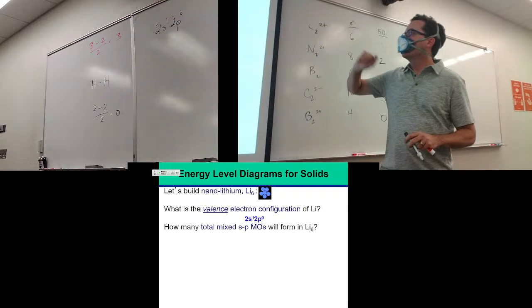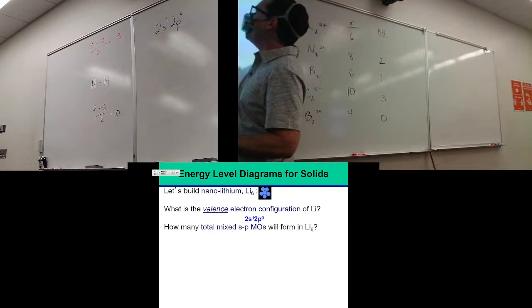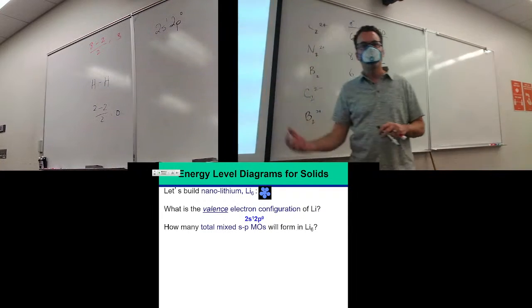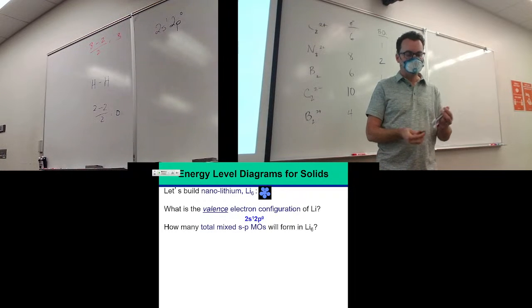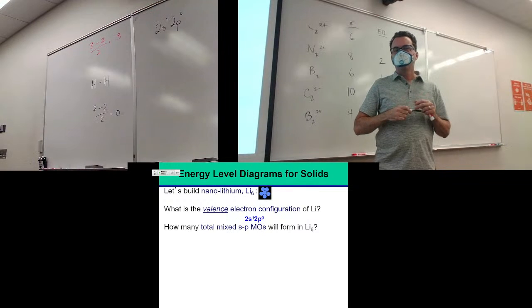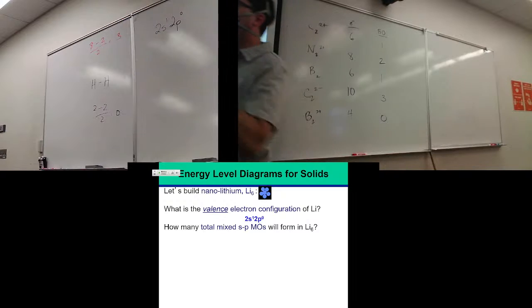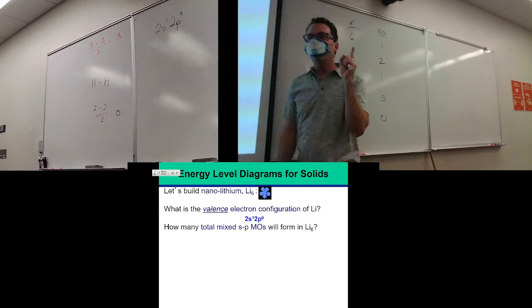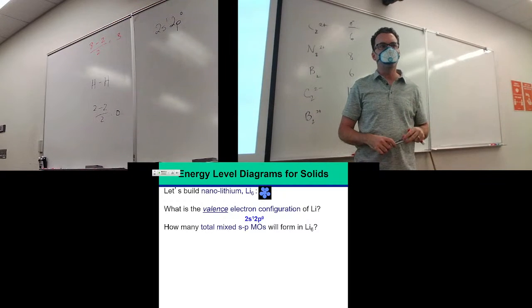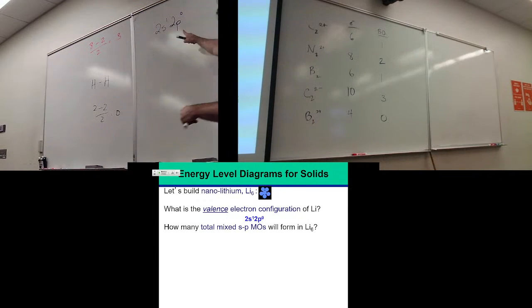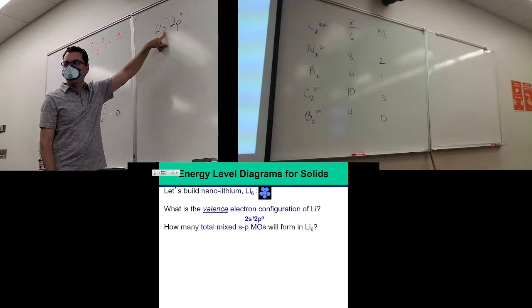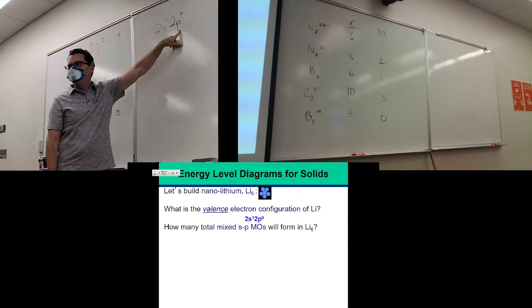Anyway, so if I have 6 lithium atoms, how many MOs will form with those valence atomic orbitals? More than 6. So how many total, so 1 lithium, how many valence orbitals are in 1 lithium? We kind of just wrote it down here. There's a 2s. And what about the 2p? How many orbitals are there in the 2p's?